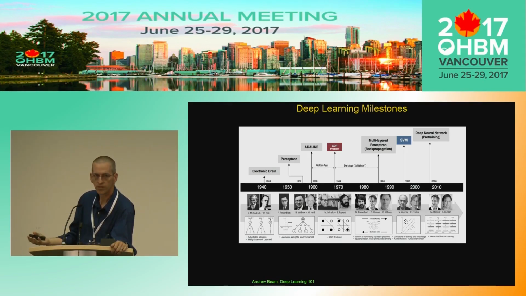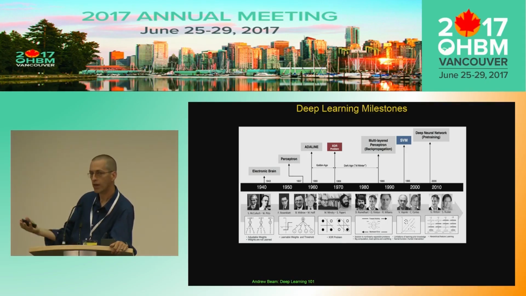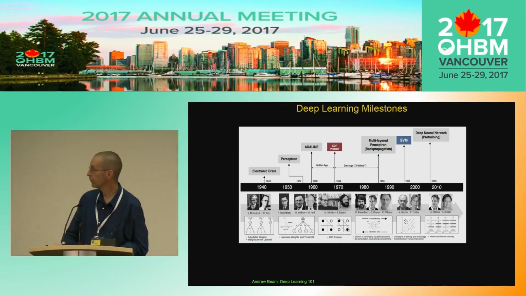But there was still some struggling in terms of whether they were really going to be able to beat existing methods. And then in the 2000s came the deep neural network with some major improvements, one of them being pre-training, how to train the network, and other advanced approaches for learning these complex models. And that was primarily by Geoff Hinton's group.